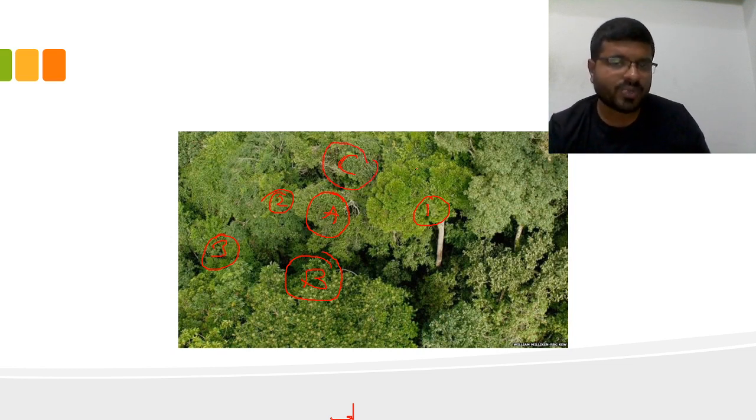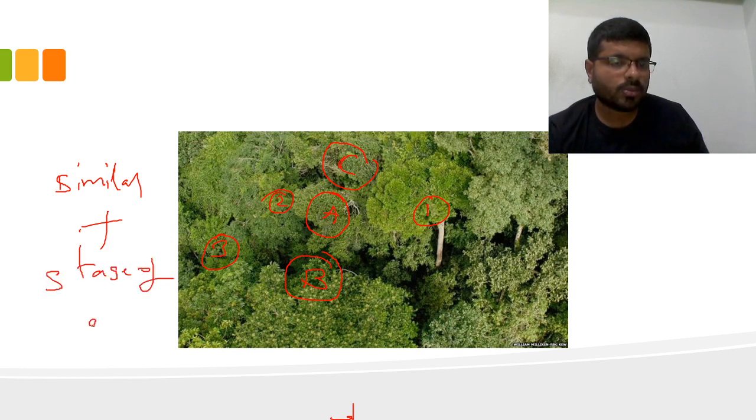So first of all, multiple species: you need to identify similar species. Then you need to identify stage of growth. Then you can use it for cutting of the trees, which you call lumbering activity.